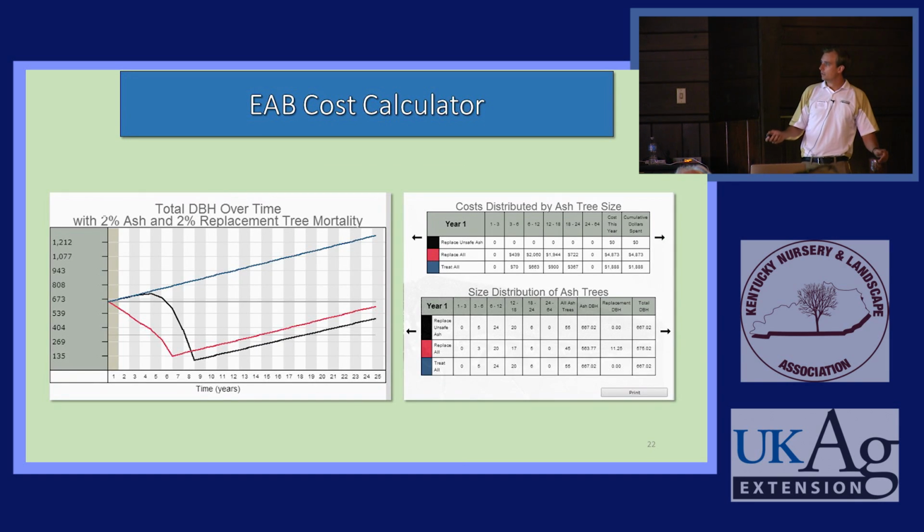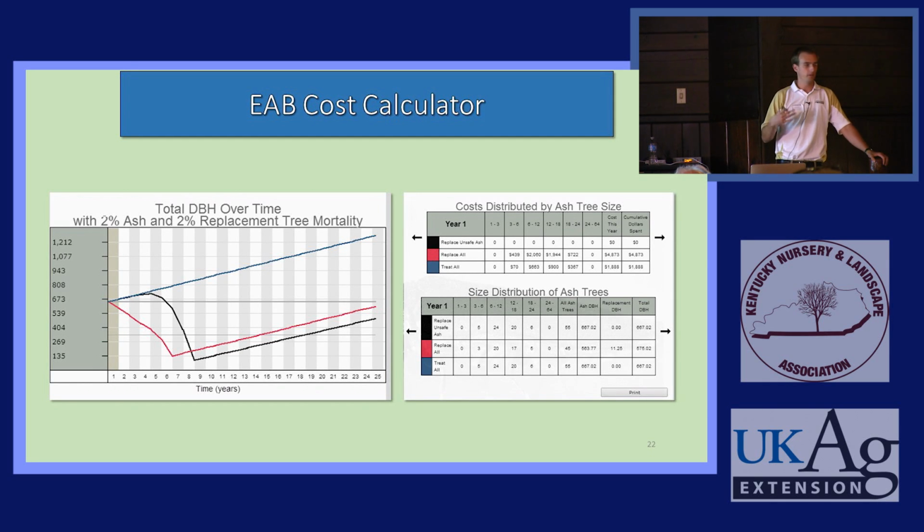But here we can see our canopy with our treat all option is much higher than the other 2. The other 2 aren't even back to the original canopy after 25 years. So this right here is just DBH over time. DBH is directly correlated to canopy. We can make that relationship. So a lot of times this is what I show people.